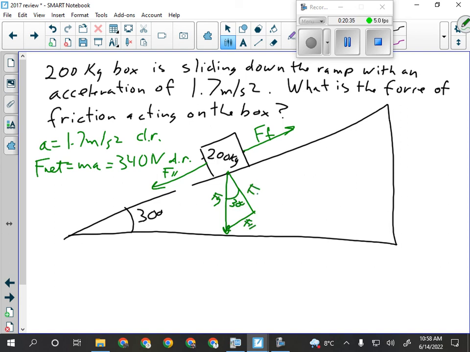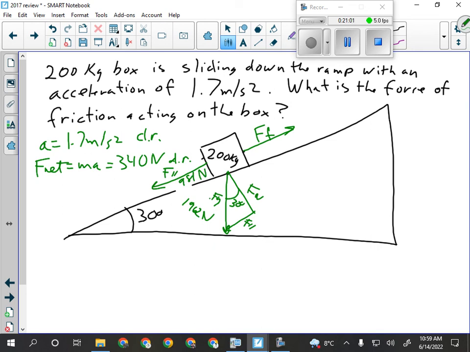This side's F normal, but I'm not going to need that. So I've got to find force of gravity. 200 times 9.81 is going to be 1,962 newtons. Yes, I did that right. I'm going to go sine of 30 times FG. That should give me that F parallel is 981 newtons, if my math is correct on that one.